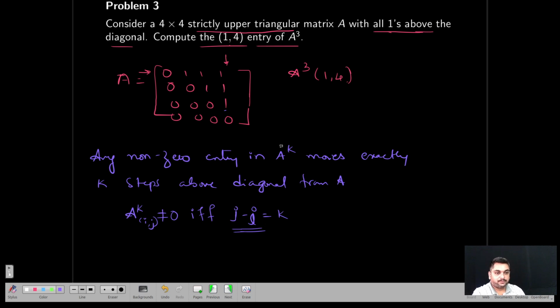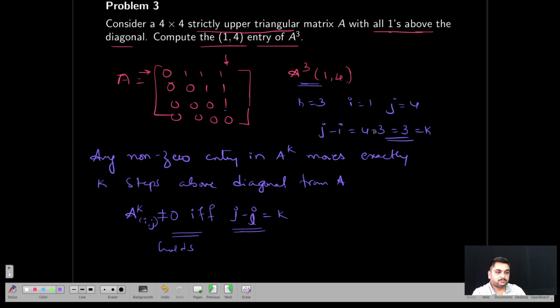For our given problem, this should hold. What is k? k is equal to 3 in our example. With i equal to 1, j equal to 4, j minus i is 4 minus 1, which is equal to 3, and that is equal to my k.